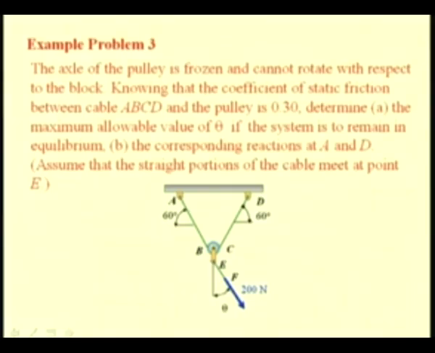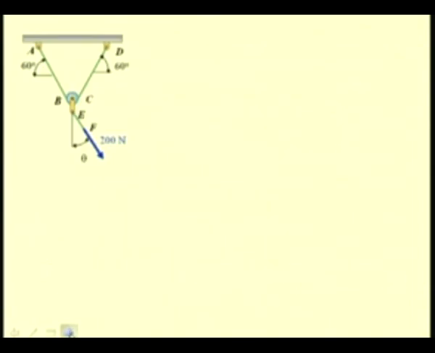So, let us proceed by considering this diagram where we have this force of 200 newtons that is being applied at an angle of theta. So, we are interested to know this angle for the equilibrium position.